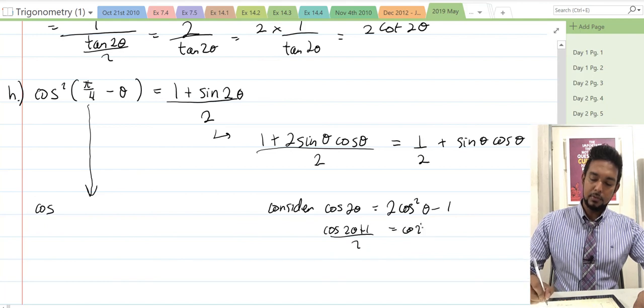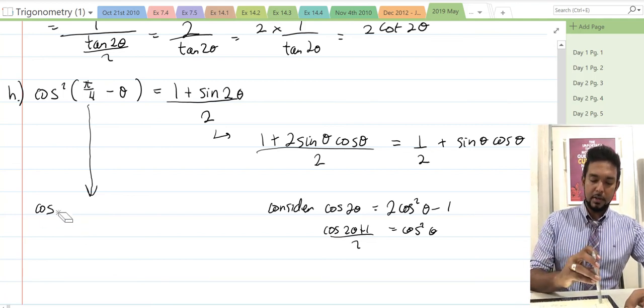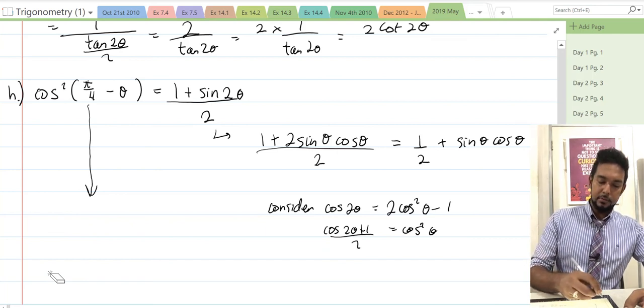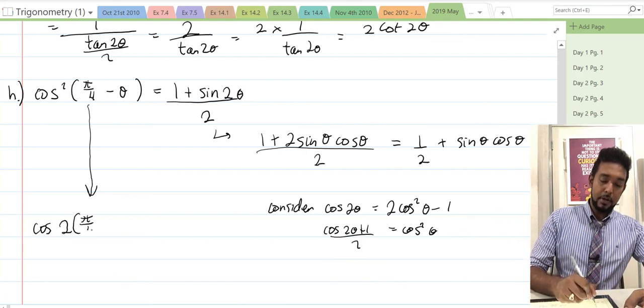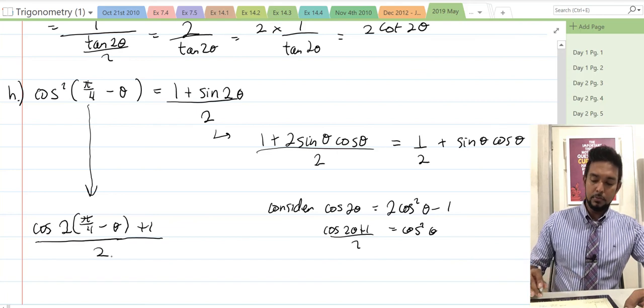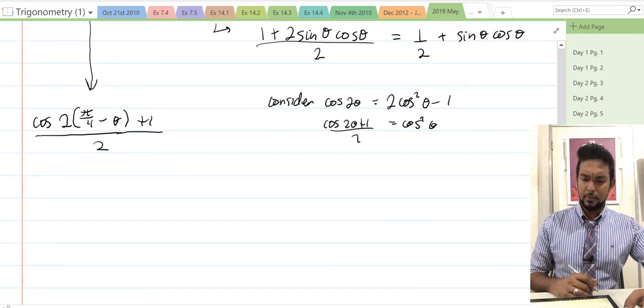And that will give us cos squared theta. So if we apply that here, we will get cos of 2 by the angle, which is pi over 4 minus theta, plus 1 all over 2. All right, that seems to be something along the lines of what might need to be done.